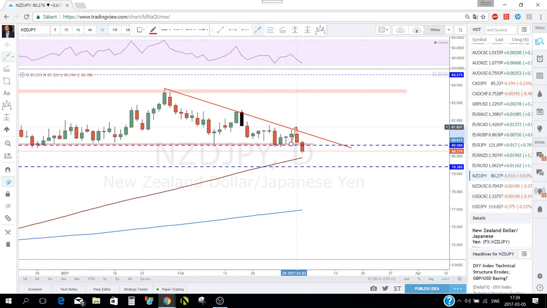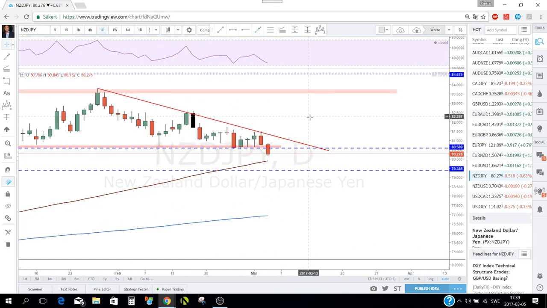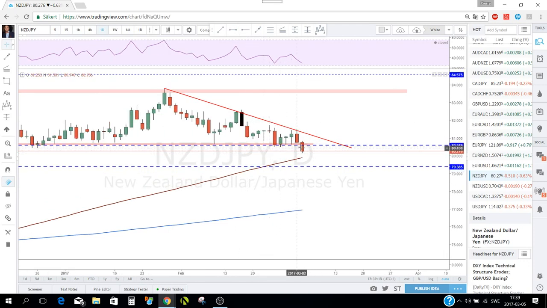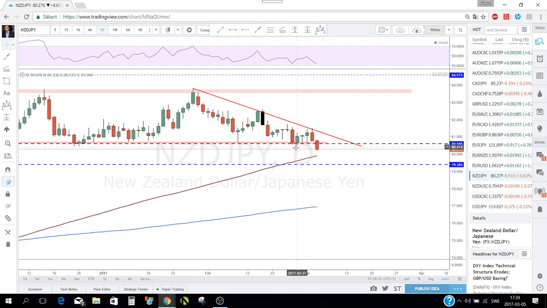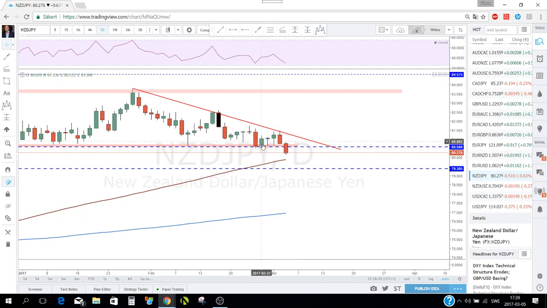We start going back down. And I'm sure that lots of this break to the downside was because of stop losses that got triggered here, because those who went long on this candle or this one surely had stop loss somewhere in this area.